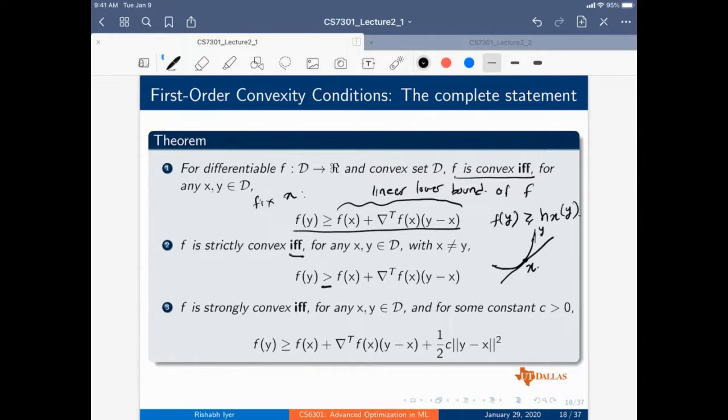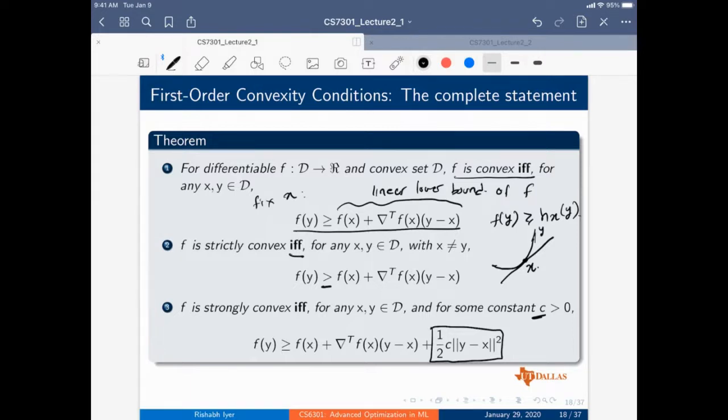And finally, you can also show a strong convexity result. f is strongly convex if and only if for some constant c greater than 0, f(y) is greater than or equal to f(x) plus this quantity, plus an additional term, which is half c multiplied by ‖y − x‖². So for a strongly convex function, you have a quadratic lower bound everywhere.